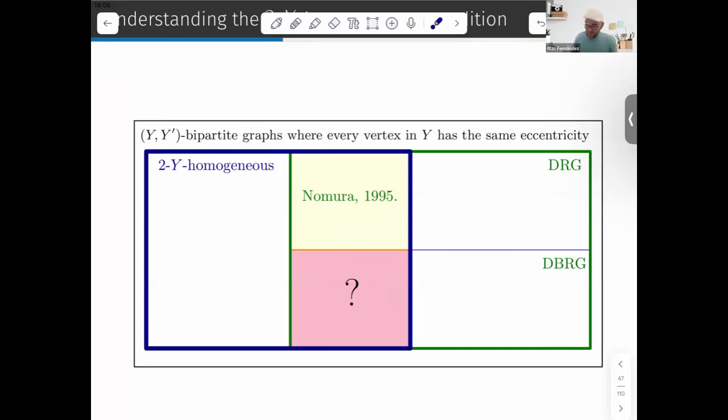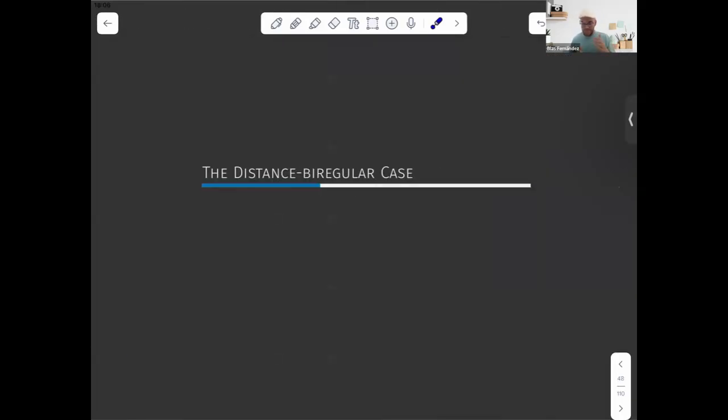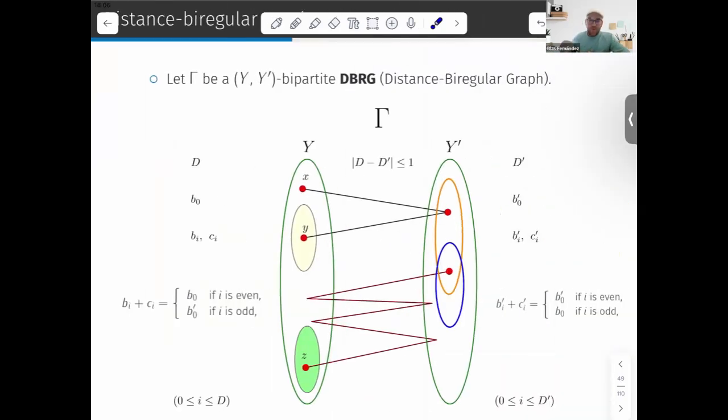So now our question is, what can we say about two-homogeneous distance-biregular graphs? And we will now consider this case. So we will set some notation. We have now a distance-biregular graph gamma, which has two partitions, Y and Y prime.